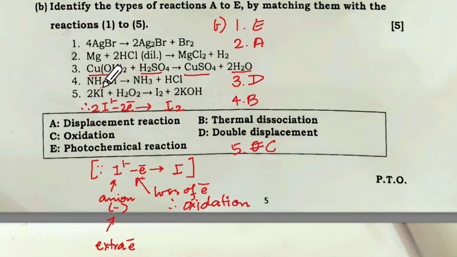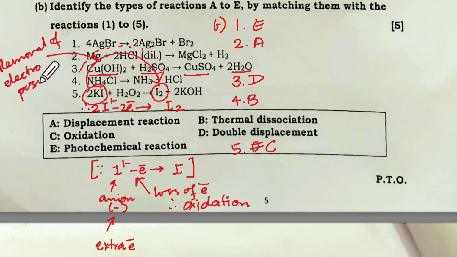Now there is one more thing I want to tell you. Keep looking at this. Put one circle here, put one circle here, and show one arrow like this. On top of this arrow you have to write like this, but if I write here you won't understand. K has been removed. Removal of K means removal of electropositive.